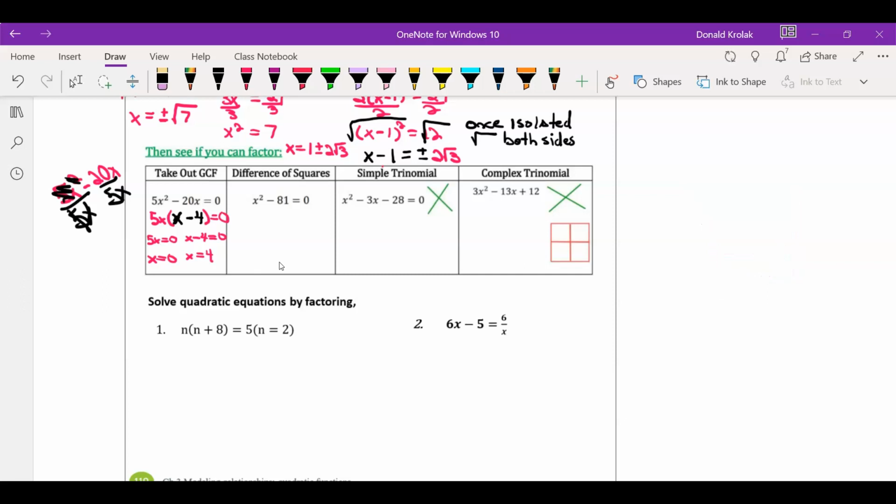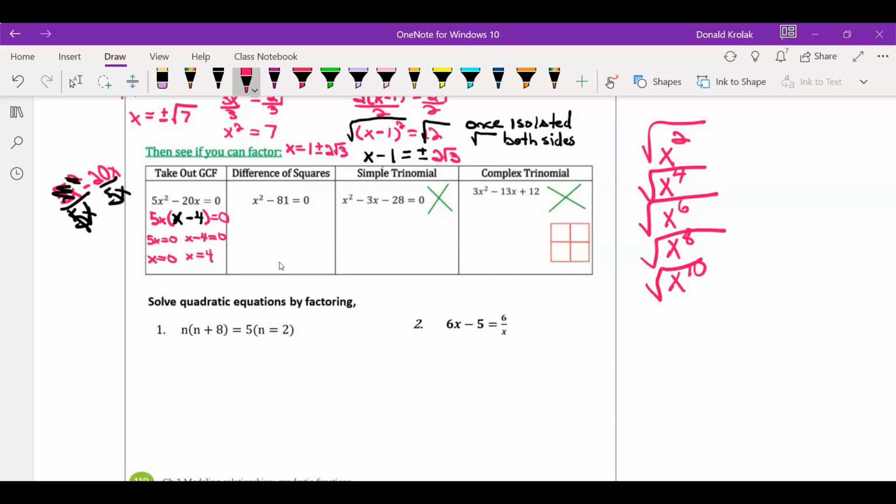All right, the difference of two squares. All right, x squared is a perfect square. X to the 4th, x to the 6th, x to the 8th, x to the 10th. These are all perfect squares. If I do the square root of them, x squared, x cubed, x to the 4th, x to the 5th.